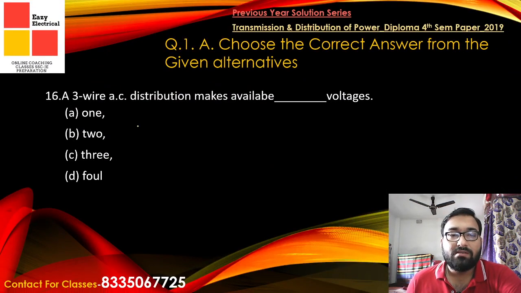The next question is, a three-wire AC distribution makes available dash voltages. Here some doubt may come, but just hear me perfectly.